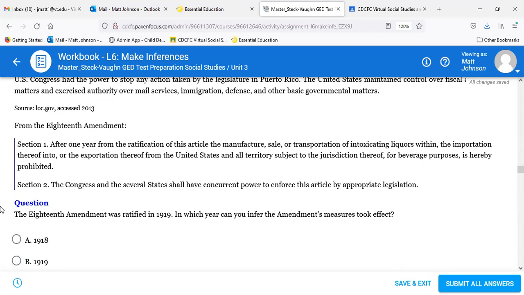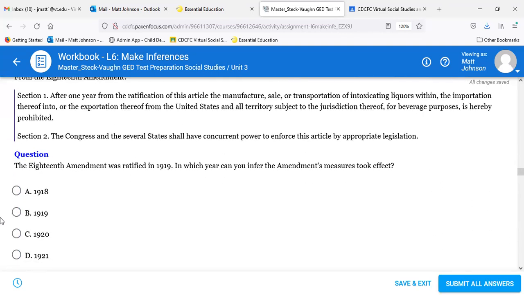All right, Etta, you want to read number 6 for us? Okay, the 18th Amendment was ratified in 1919. In which year can you infer the amendment's measures took effect? Would it be B?